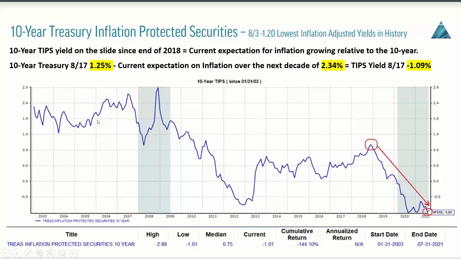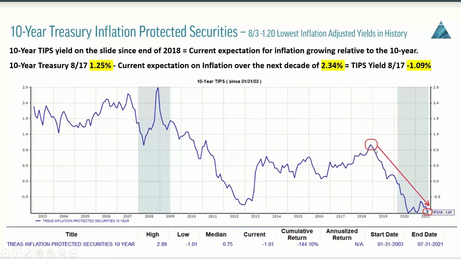But what I'm showing on the screen is actually the history of the 10-year TIPS in the Zacks research system in our economic charting facility. The point I want to make here is that these TIPS yields have been on the slide literally since the end of 2018. And so what we're doing now is pricing in that expectation for inflation to grow relative to levels of the 10-year Treasury.